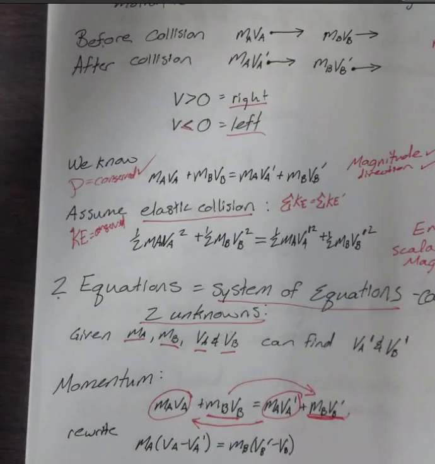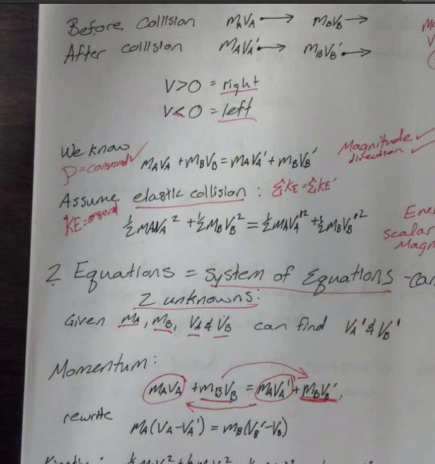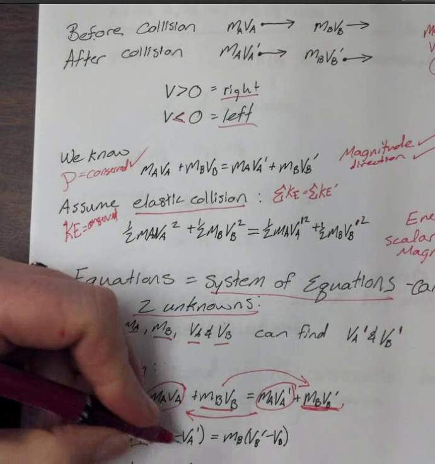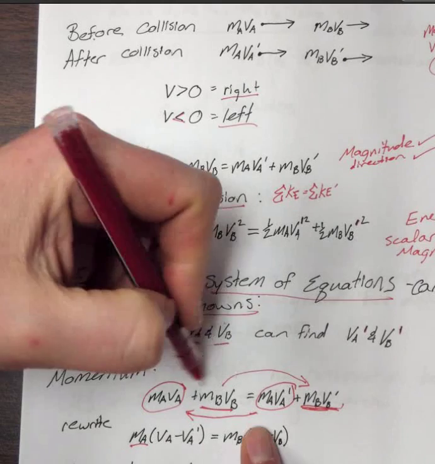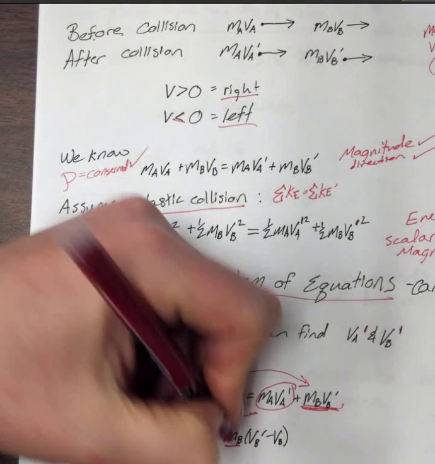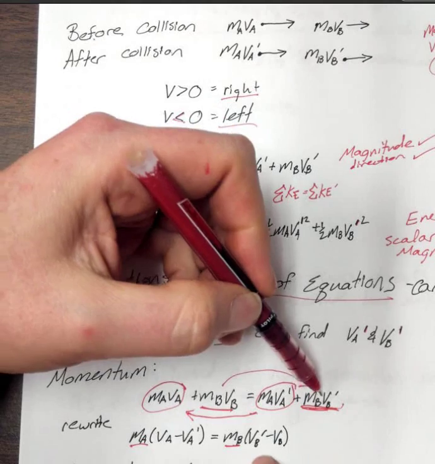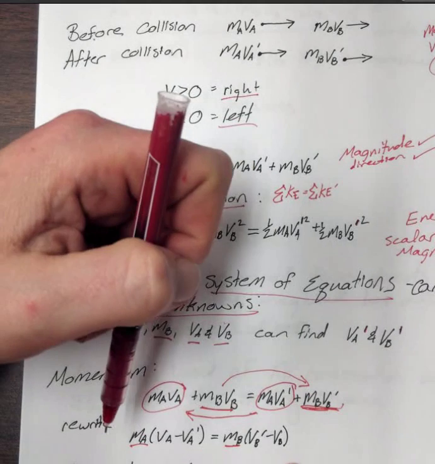And if I do that, I factor out the masses from the velocities, I end up with this equation. MA distributed to the initial and final velocity, where it's initial minus final, and you can see that from up here that it becomes initial minus final. And MB distributed to the velocities, where here MB we can see that it's final minus initial because we moved the initial velocity over there.